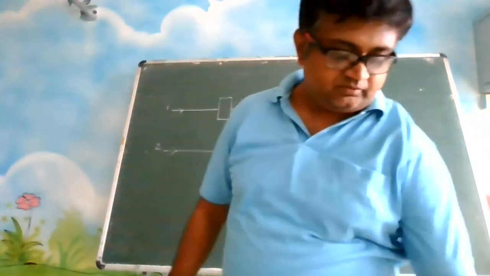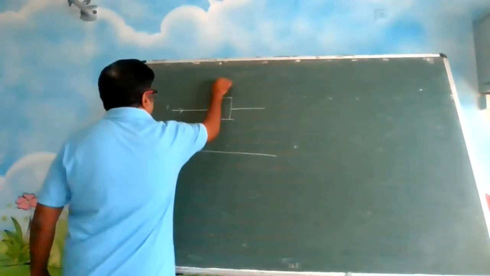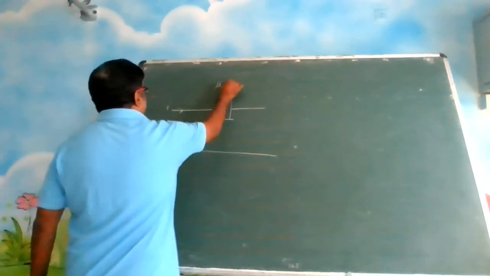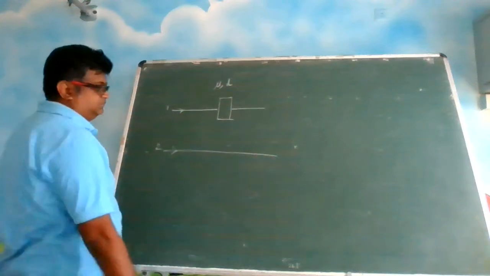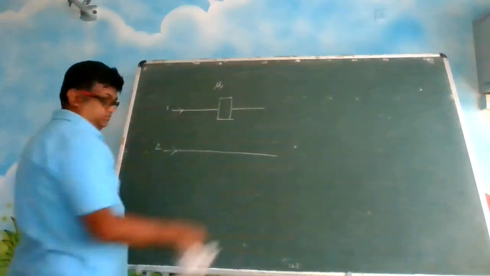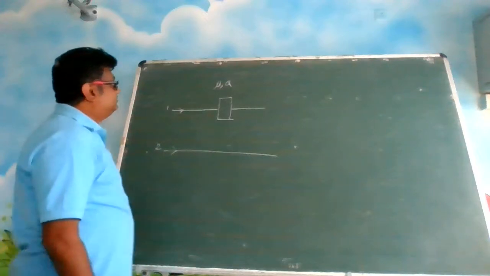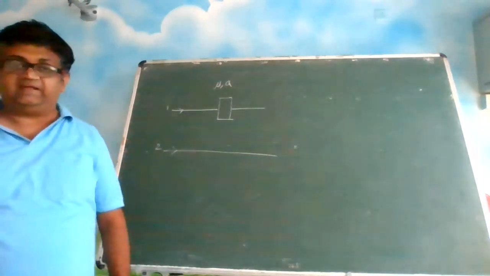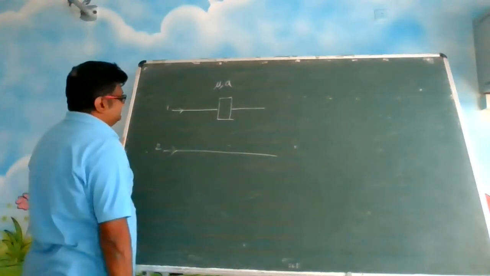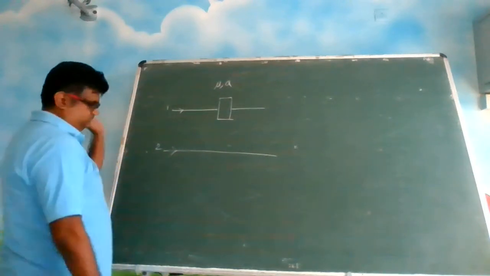This is a glass slab of some refractive index mu, and thickness, let us say A. You can call it whatever. Sometimes in between some jokes are required to keep ourselves engaged. So this is mu, this is A. Now, we are trying to find out what is the path difference between 1 and 2.